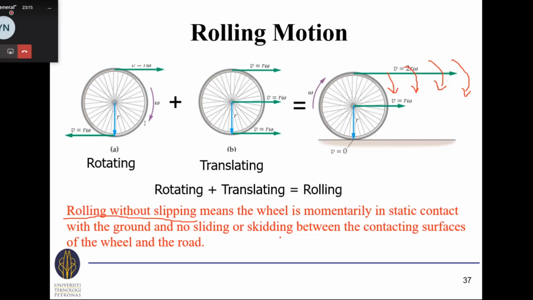That will make your calculation harder. So in order to make our calculation easier, we have to think that our rolling motion is always ideal, always perfect, always smooth. Rolling without slipping means it will be in contact with the surface all the time, rotating and rolling smoothly. Please take note of that.